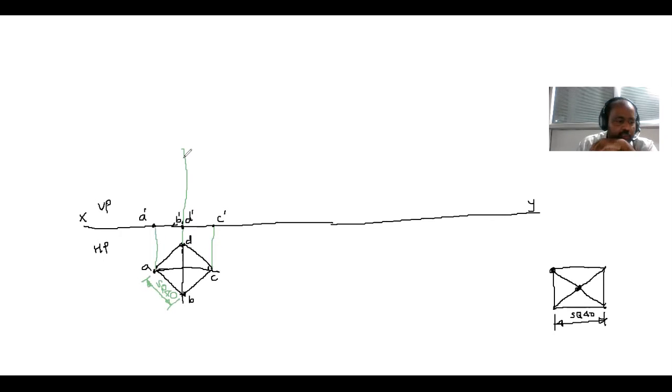Then the height of the object is given as 60 mm. The pyramid's dimensions are, it is a square pyramid, side distance is 40 mm and height is 60 mm.